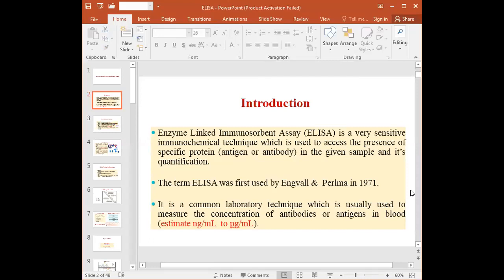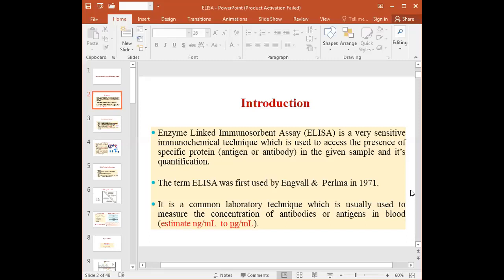This technique is used to assess the presence of a specific protein in the form of antigen or antibody in the given sample and to quantify it. That means the presence of antigen or antibody, how much amount, what the concentration of these specific proteins present in the provided sample is.